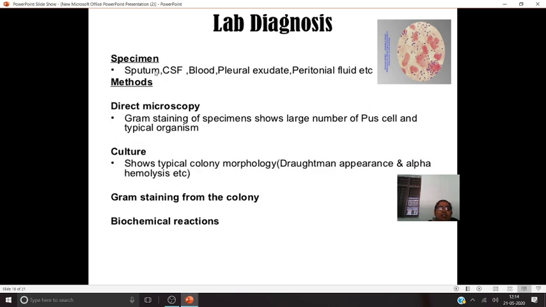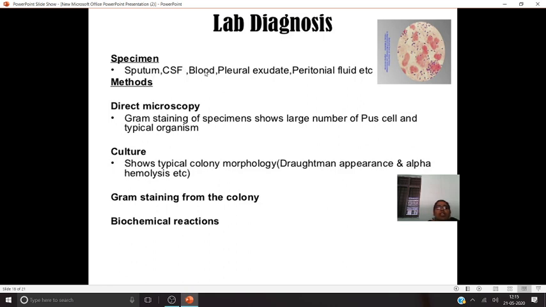If the patient has a productive cough, we take sputum. So the specimen is sputum if the patient has productive cough, and cerebrospinal fluid in cases of meningitis.